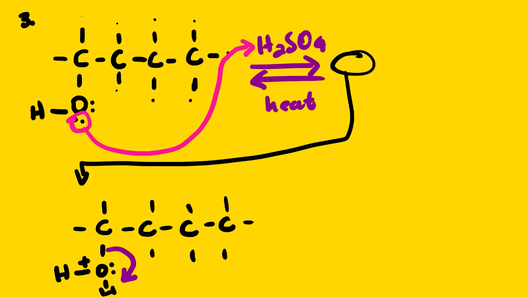And then this is the part whereby it is very important. After the water has left, let me actually do this. This will be our carbocation ion. And then, like I said, we have hydrogens.